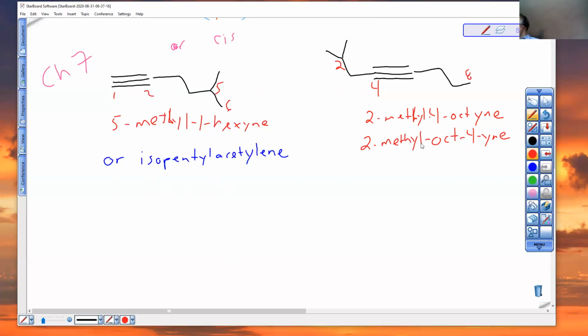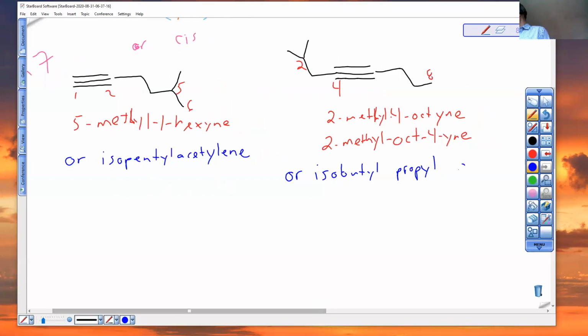Using the other system, we have an isobutyl on the left of carbon 4. And we have a propyl on the right of carbon 5. So isobutyl, propyl, separate word, and separate word again. I don't think I was very clear in my first example.